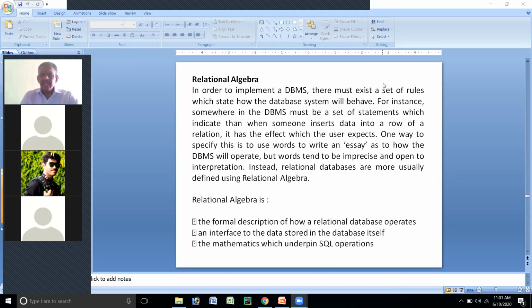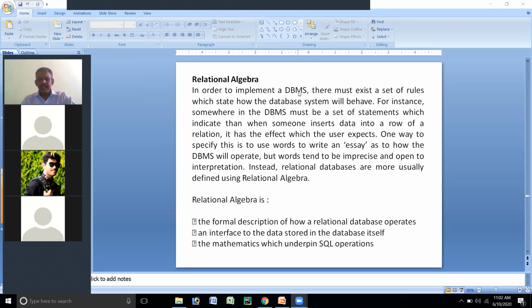When you say algebra in mathematics, you also have to follow certain rules to solve or simplify the given expressions. Here also, in relational algebra, we are doing the same thing. In order to implement a DBMS, we have to follow certain rules. How the database should behave can be decided by the rules we are discussing here.